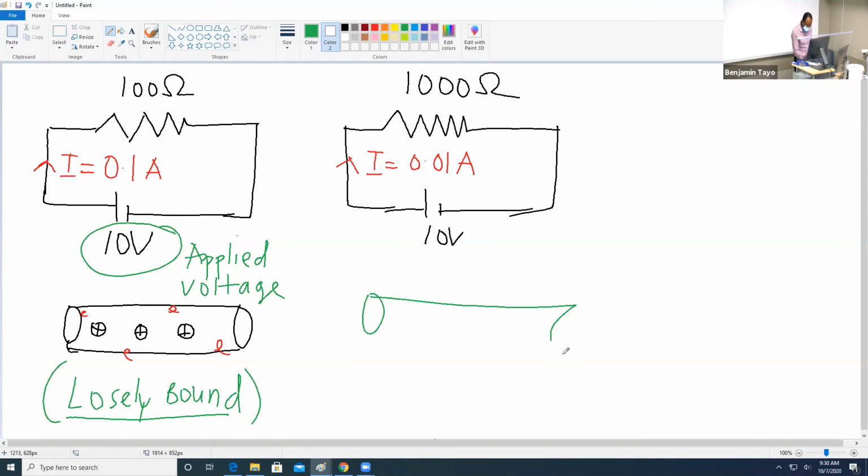Here you see that the electrons are tightly bound.